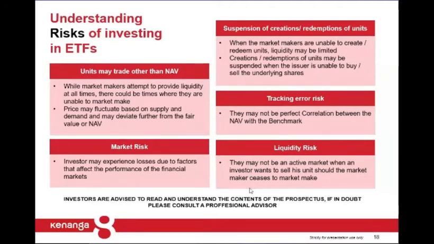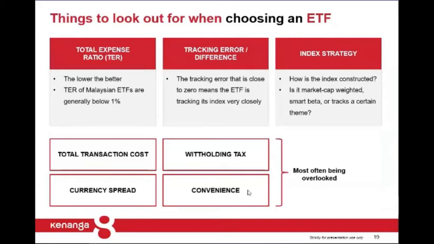Now, with that, what do you look out for when you choose an ETF? Let's start with the middle part first, because this is probably one of the more important things that you need to evaluate. What is the tracking error? What is the tracking difference?